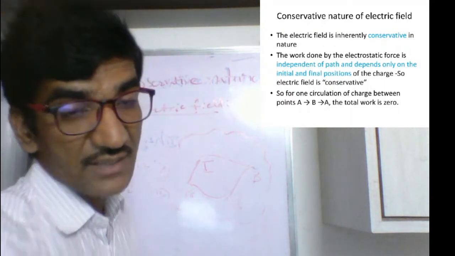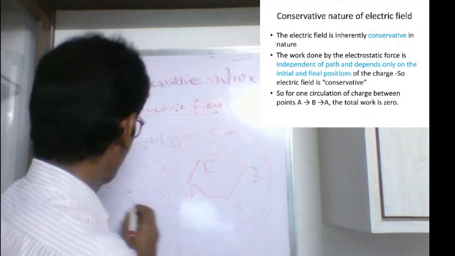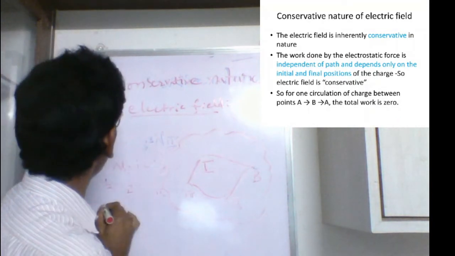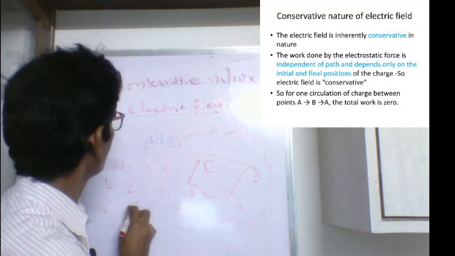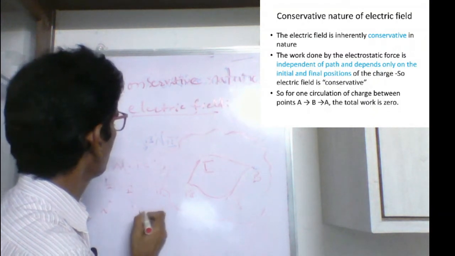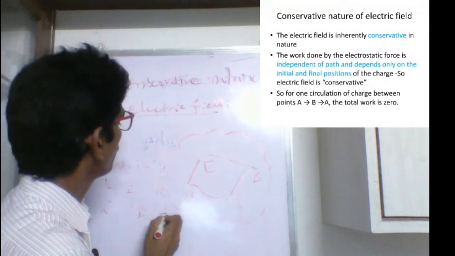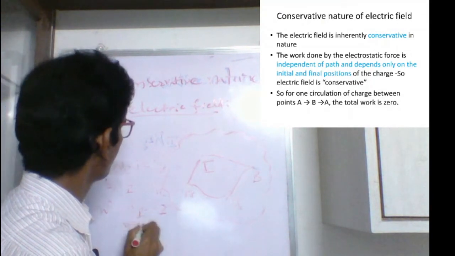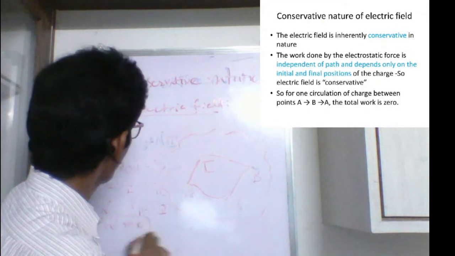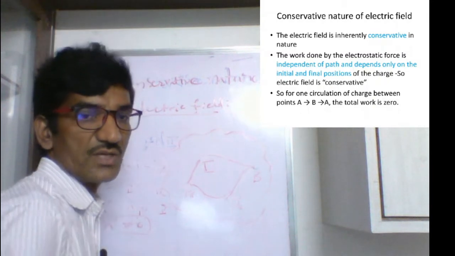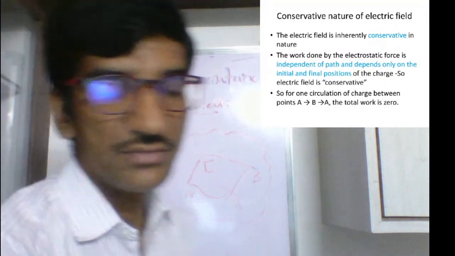Since W1 and W2 are the same in magnitude, you get W is equal to W1 minus W1. So this is 0. The total work is 0.